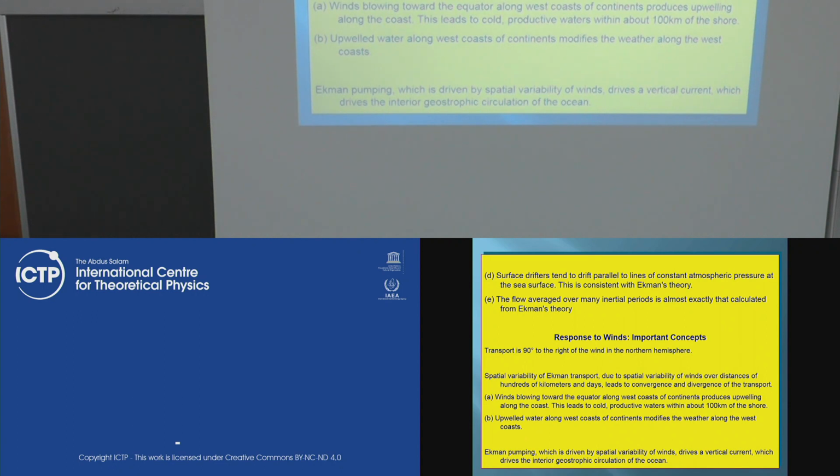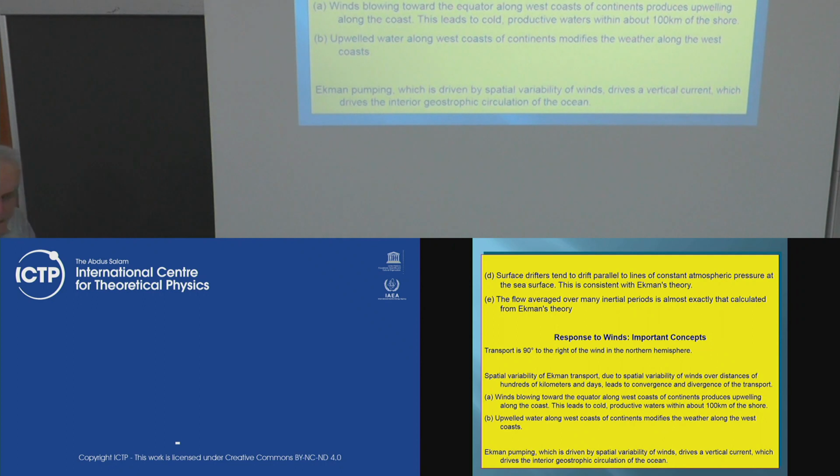So that means that the velocities are not perfectly parallel to isobars, but they are slightly deflected from the isobars to the left. They are deflected toward the lower pressure in the atmosphere, and surface drifters are passive drifters.